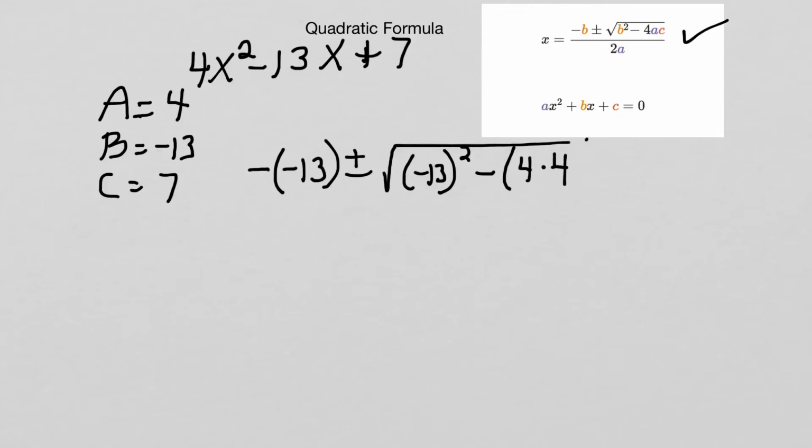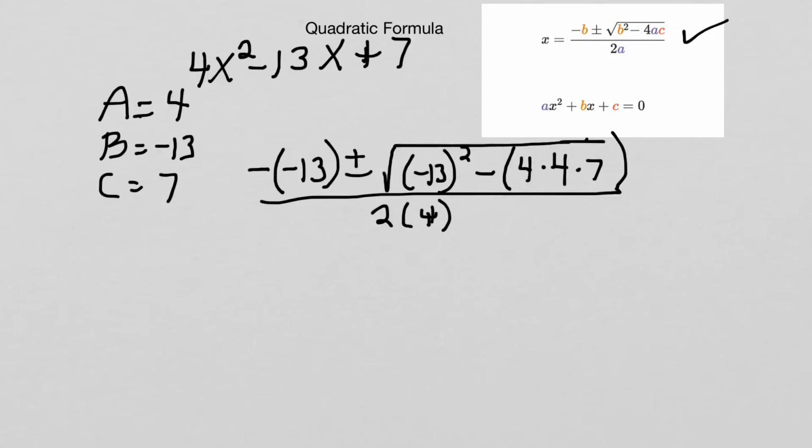Four times a, which is 4, times c, which is 7. All of that is going to be on top of 2 times a, which is 2 times 4.